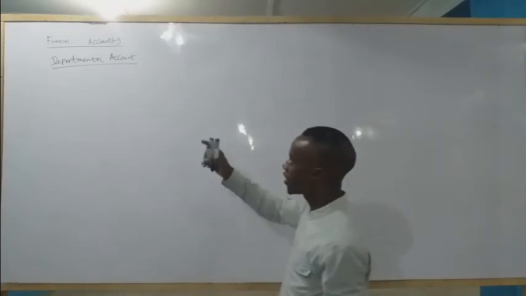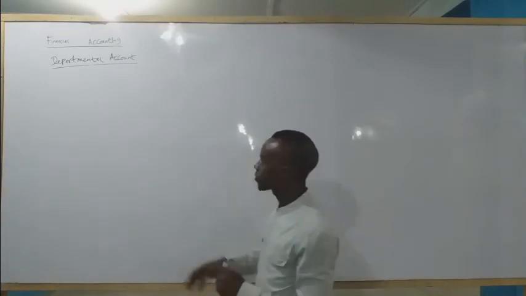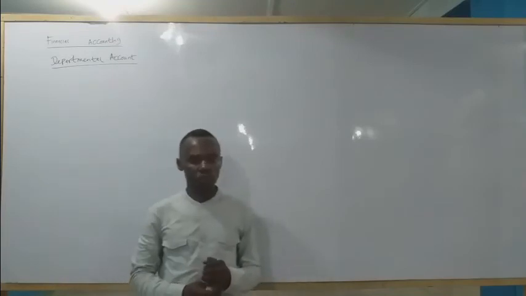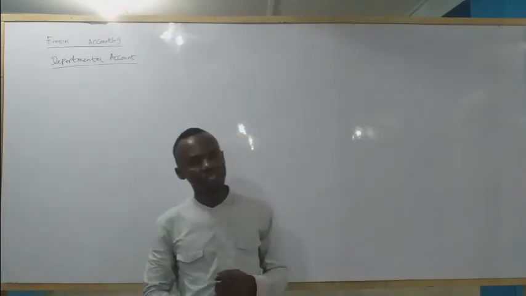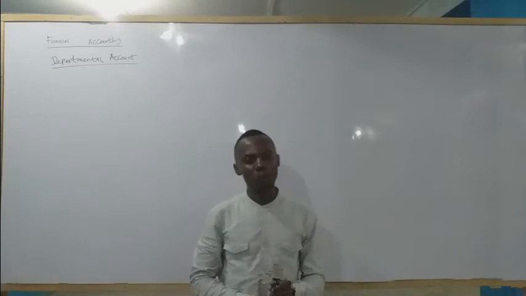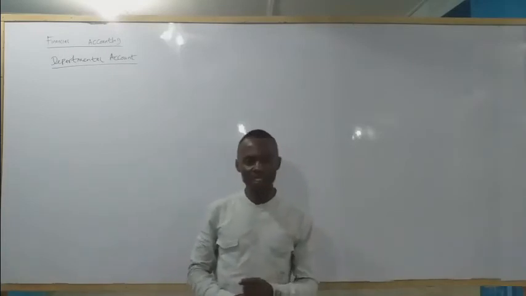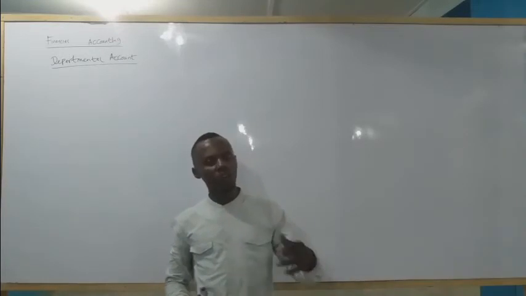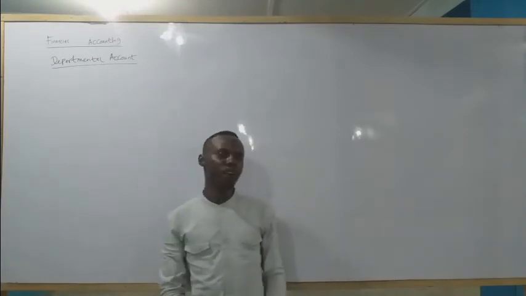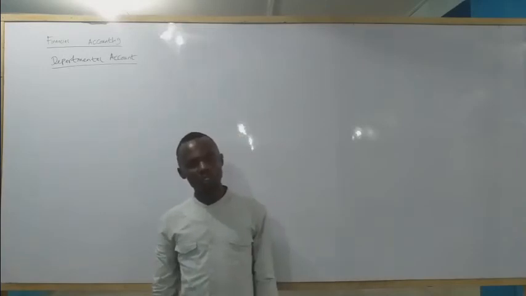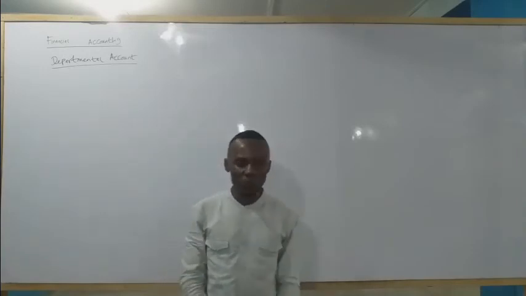So what I'm saying now is that the trading accounts, trading profit and loss accounts are prepared in a column for each line of business. But the balance sheet, or what we now call the statement of financial position, is prepared in a single column.